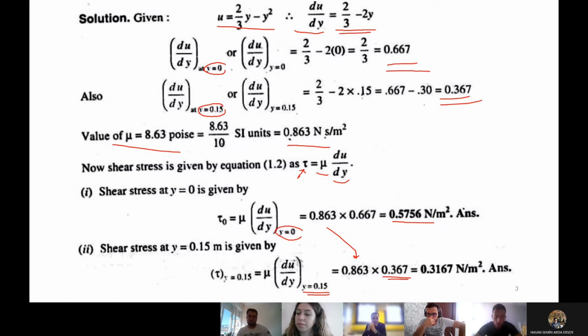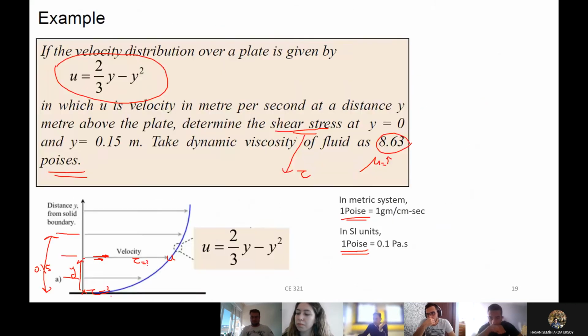And we assume that the first layer, this one here, never moves because that layer is in permanent contact with the wall.